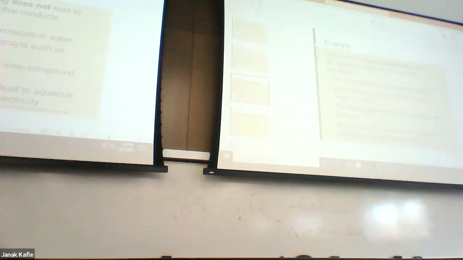All of these processes lead to an aqueous solution that conducts electricity. So this one does not conduct electricity, so this is wrong. Although the sugar is dissolving in water, it does not conduct electricity because it is all made up of C, H, and O. They are all nonmetal elements. Make sense? So let's go down here.